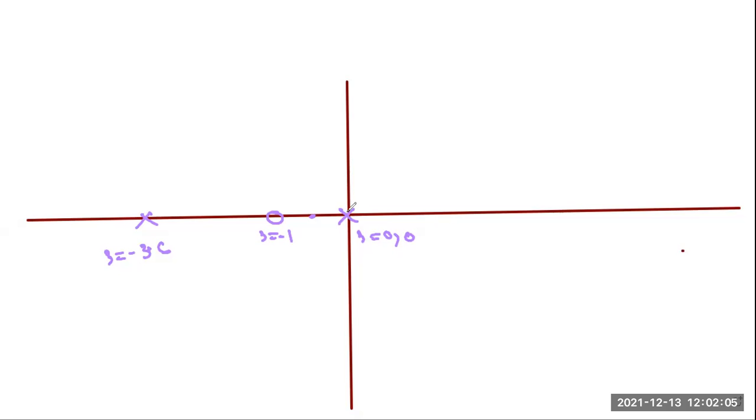Sorry to say, there will not be any root locus, because if you take any point in between these, the number of poles plus number of zeros is 2.